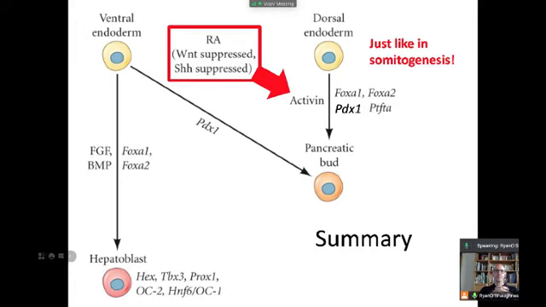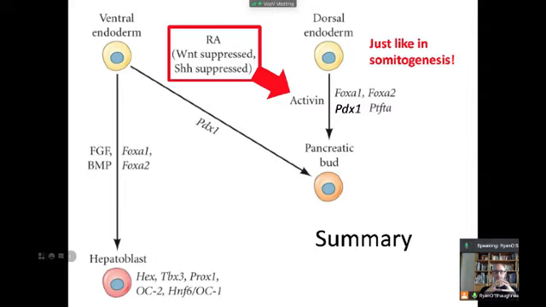The dorsal endoderm is then caused by activin expression and the expression of retinoic acid, which suppresses Wnt and sonic hedgehog signaling, which we'll look at a bit later in the context of somitogenesis. This high level of retinoic acid activates the expression of activin, and then PDX1 in the presence of these pioneer factors, FOXA1 and FOXA2, then drives the dorsal endoderm to become the pancreatic bud as opposed to biliary tissue.